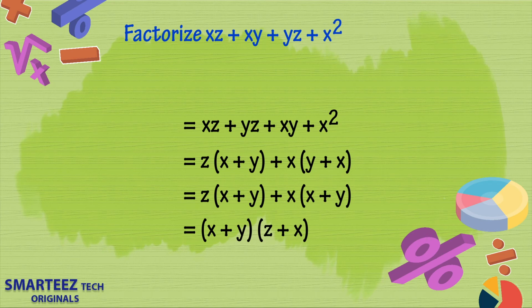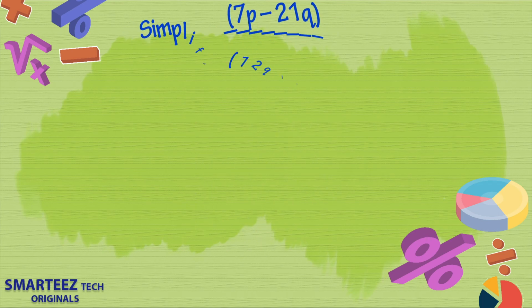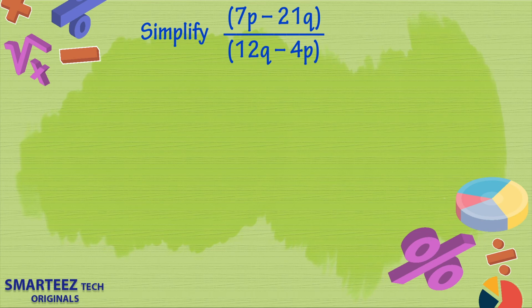Let's look at one example with division. Simplify (7p minus 21q) divided by (12q minus 4p). Solution. The common factor of the numerator is 7, and the common factor of the denominator is 4. So this equals 7 times (p minus 3q) divided by 4 times (3q minus p). Here the expression in the numerator can be written as negative (3q minus p).